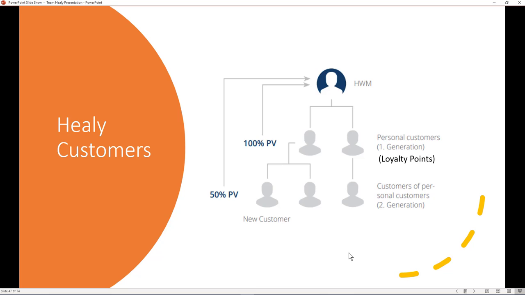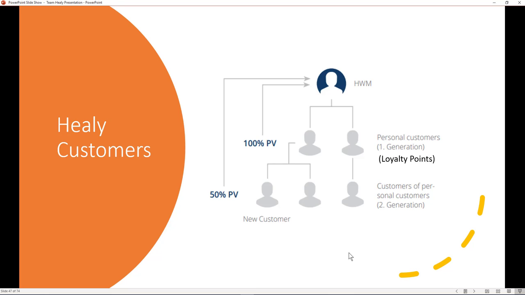If you want to see exactly how that works, check out the document. But the other thing that happens that's really nice is that when your customers sign up customers themselves, you get 50% of the PV put into your binary matrix. So you'll eventually earn money on that. That's really very cool.